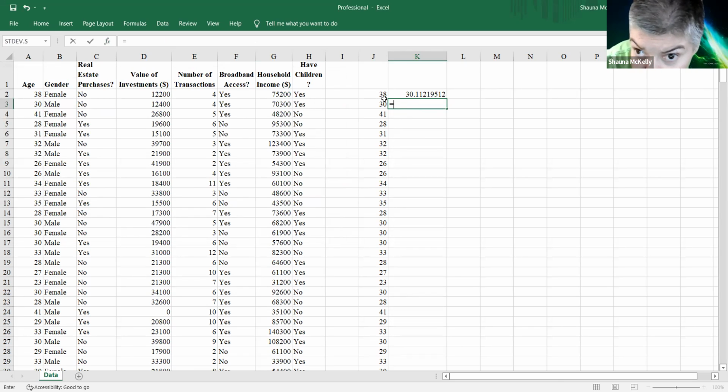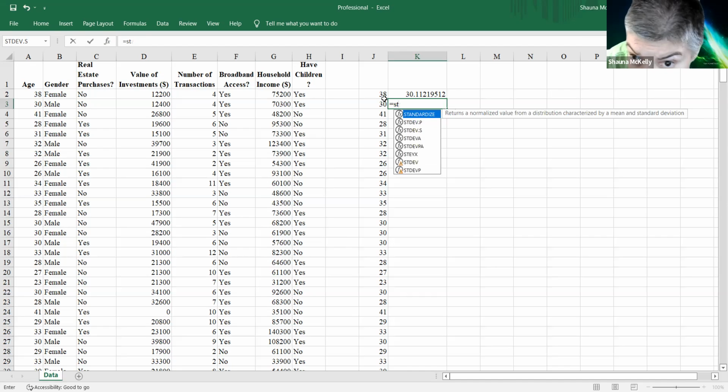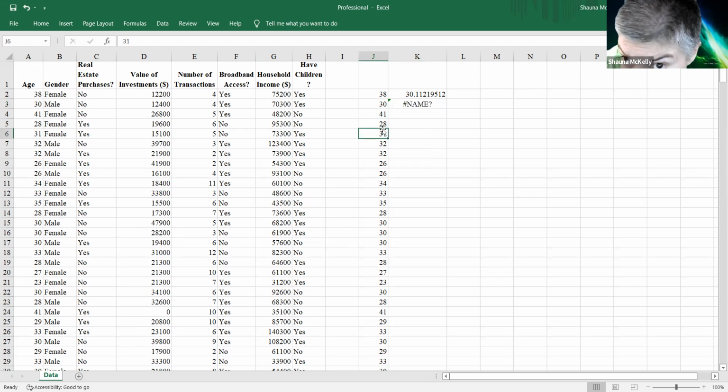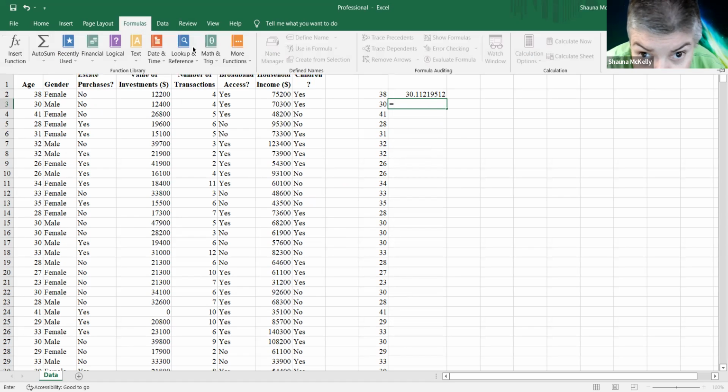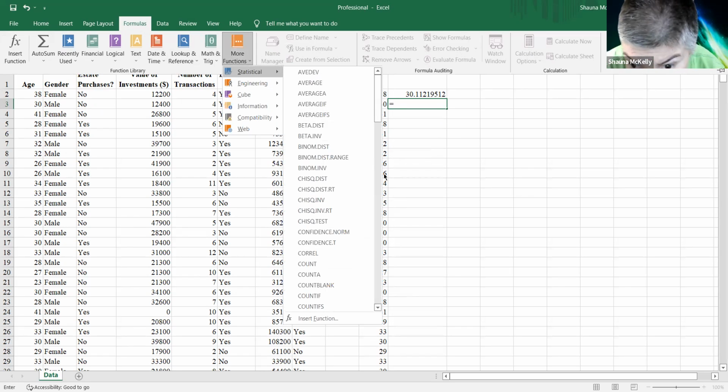So this is equals a standard deviation of the sample, which is, oops. So this is equals formula, because there's different ones. There's different standard deviations.